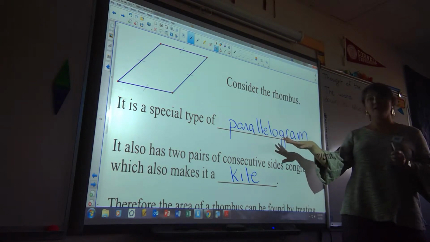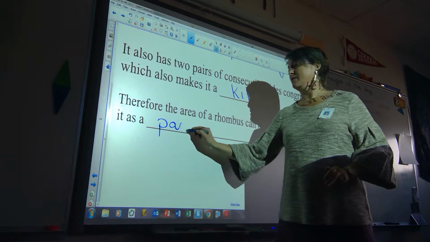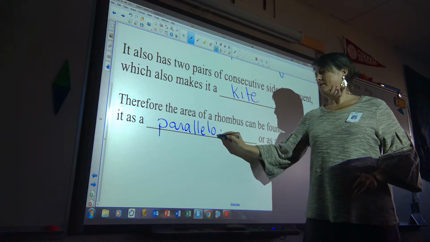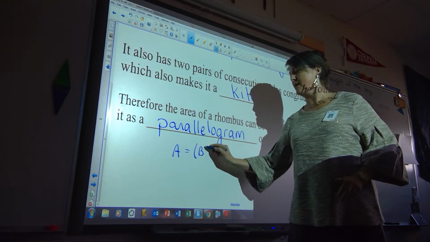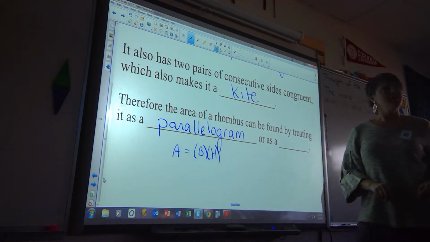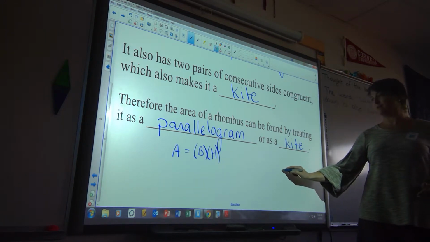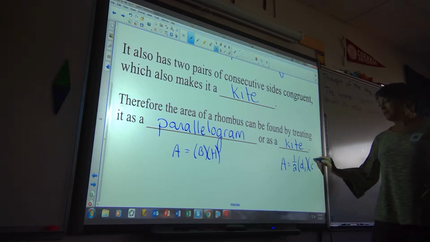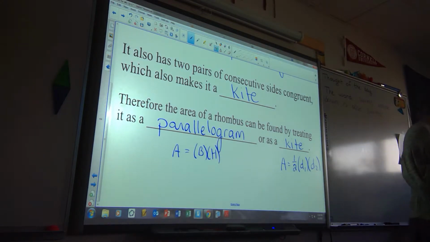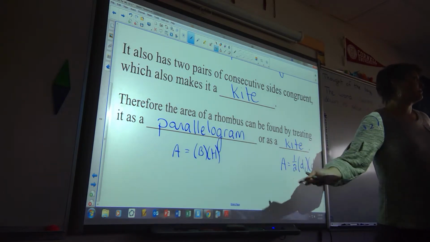If we treat it like a parallelogram, area is base times height. If we treat it like a kite, we could use the diagonal formula: area is half d1 times d2. So you have a choice depending on what information you have, or which looks easier.